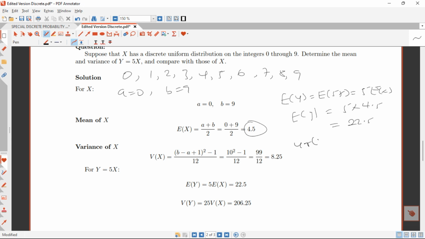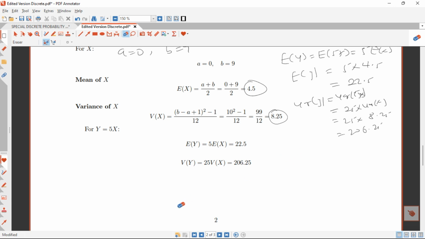And then the variance of y is going to be the variance of 5x, which will give us 25 times the variance of x. We are going to get 25 times our value here, which is 8.25, and our final answer is 206.25. That will be our final answer.